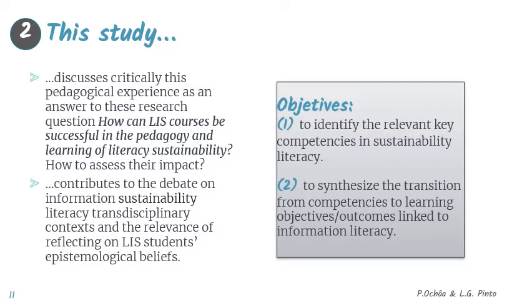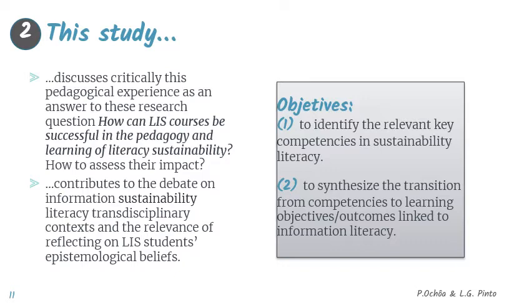Considering that assessing the impact of these initiatives is crucial, this paper intends to discuss critically this pedagogical experience as an answer to the research question: how can LIS courses be successful in the pedagogy and learning of sustainability literacy? How to assess their impact was a supplementary question. We pursued two objectives.